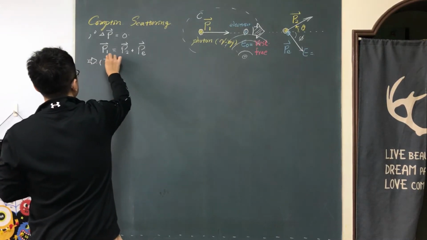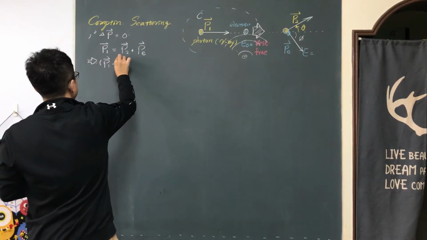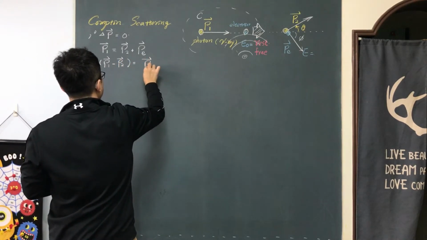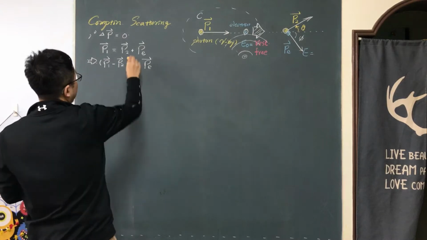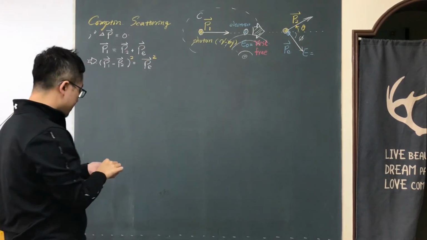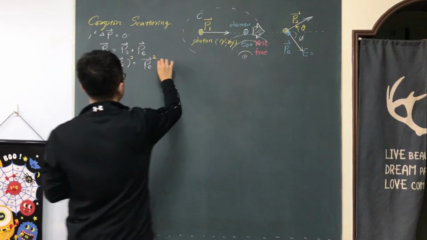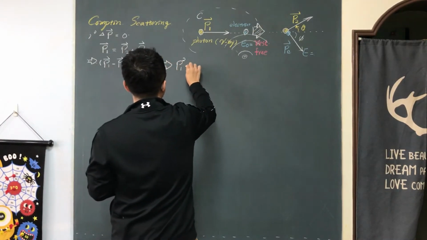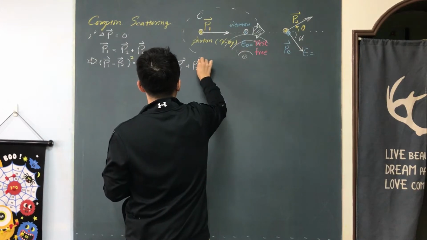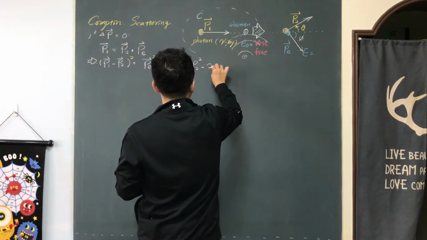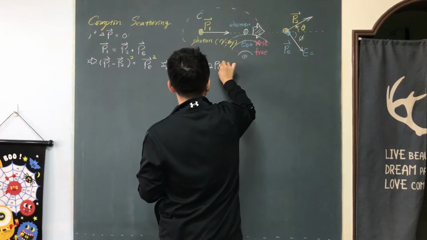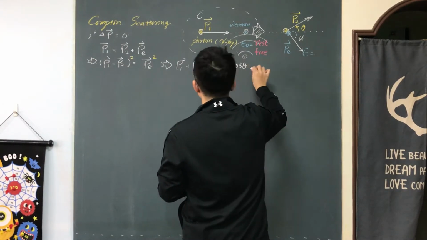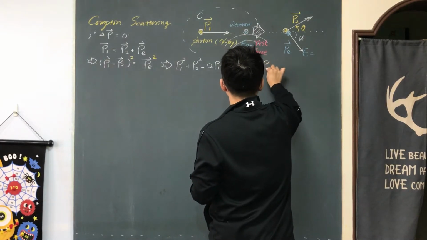Rearranging, P1 minus P2 is equal to PE, and I can square them all. P1 squared plus P2 squared minus 2 times P1 times P2 times cosine of theta is equal to PE squared.